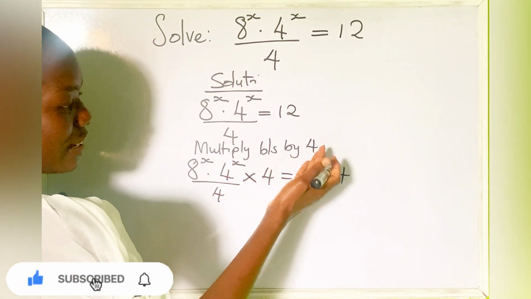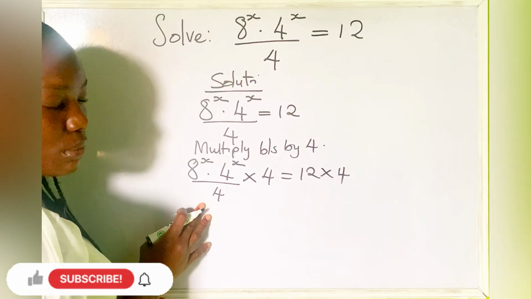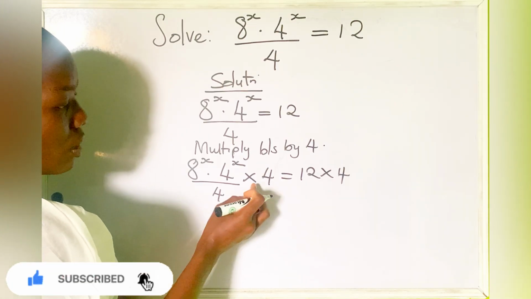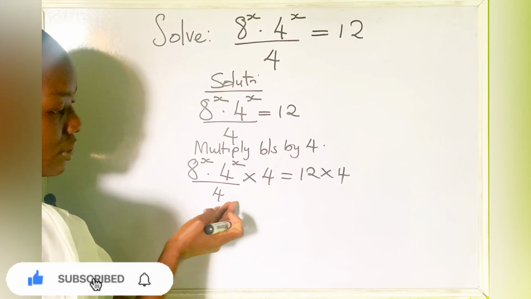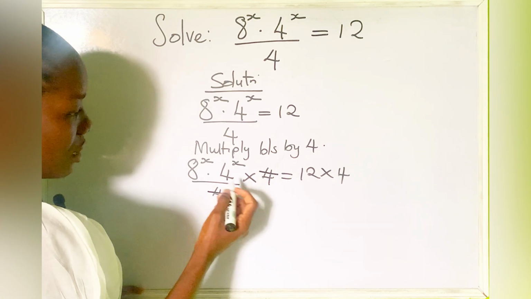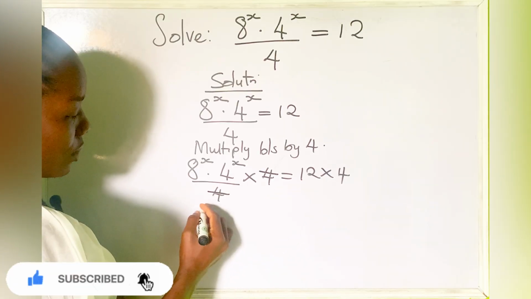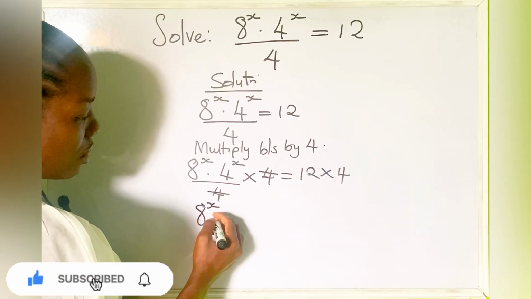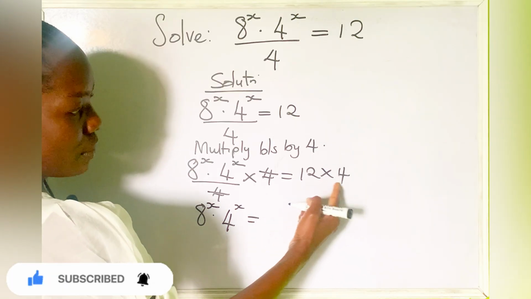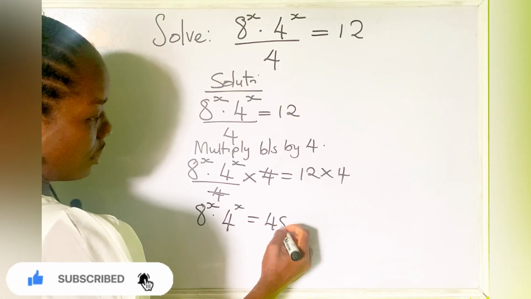We are multiplying by 4 because we want to remove this denominator. There is no way to remove this denominator of 4 without multiplying with the inverse of this division, which is the multiplication. So we have 8 to the power of x multiplied by 4 to the power of x is equal to 12 times 4, which will give us 48.